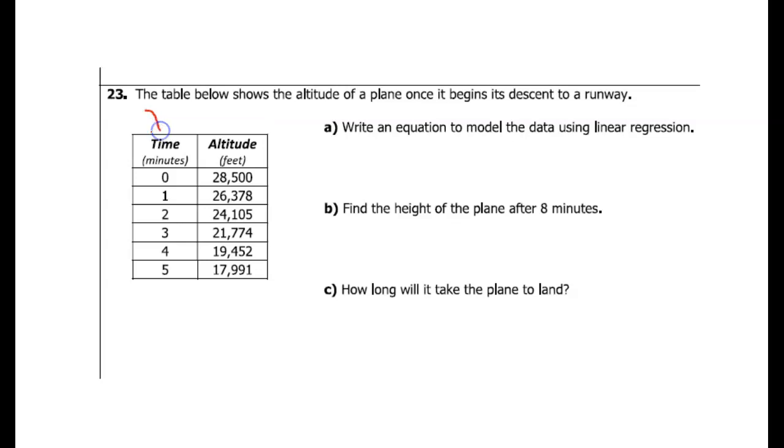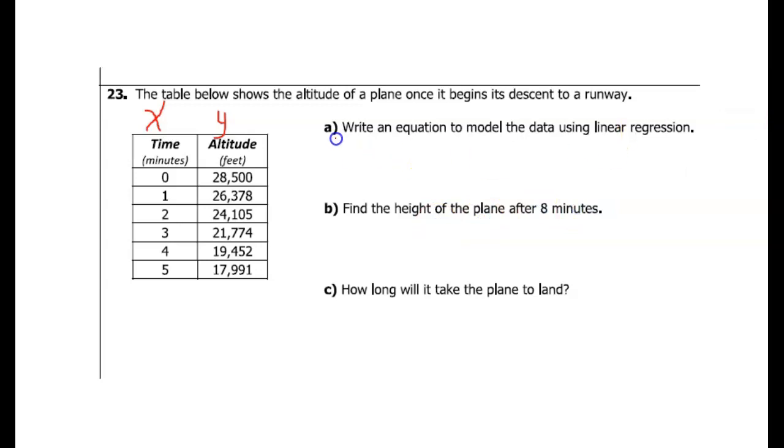So we know time is going to be our independent variable, and the altitude going down is going to be the dependent variable. X is our time and Y is our altitude.